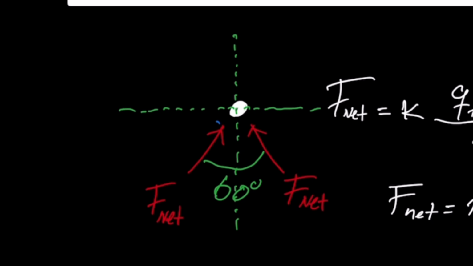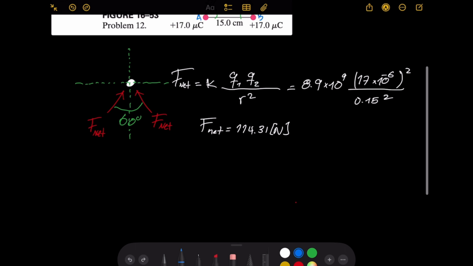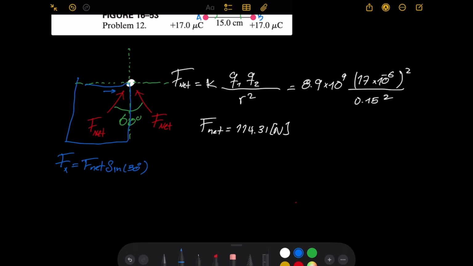So this force has two components, the one going in the x direction and the one going in the y direction. The x component is going to be based on the net force, because we are analyzing half of this picture. So the angle 60 is going to be divided in half, which is 30.